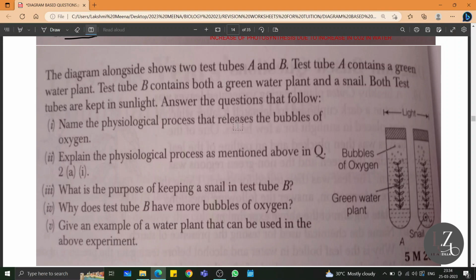Name the physiological process that releases bubbles of oxygen. Okay, so there is a green plant and light. What would evolve? Oxygen. So what is the physiological process? Photosynthesis. And how do we define photosynthesis?